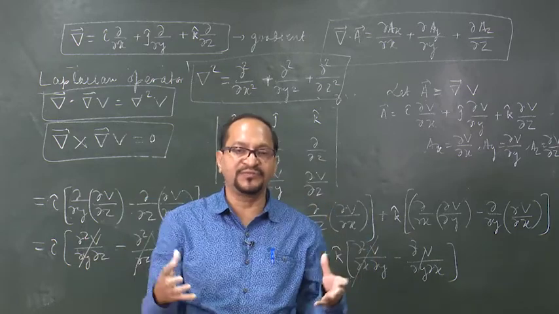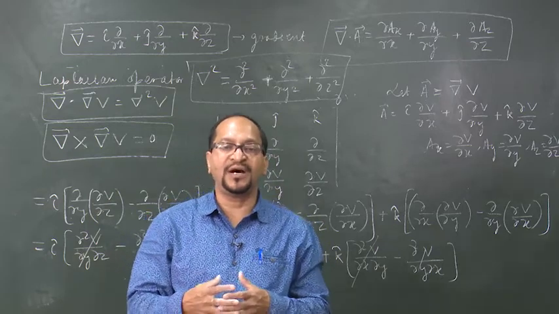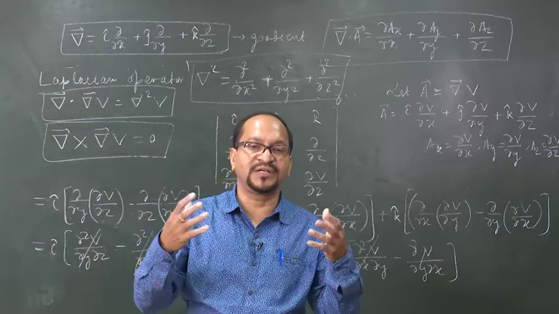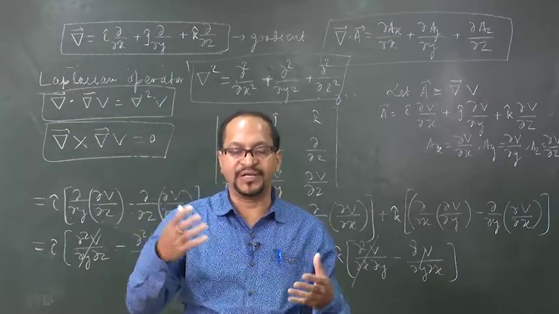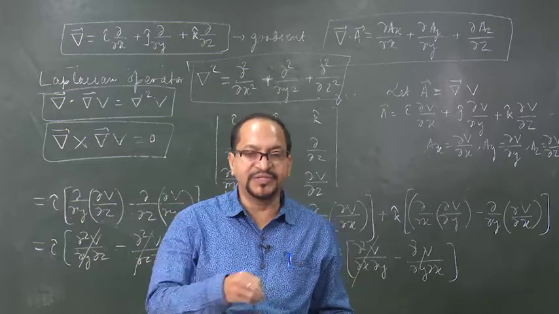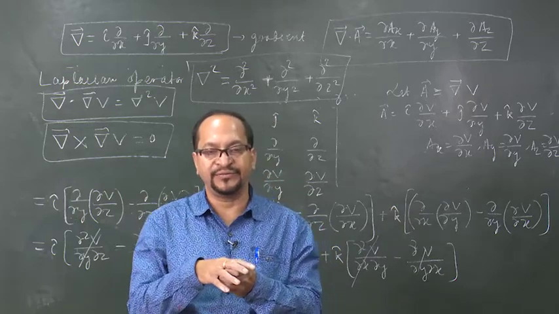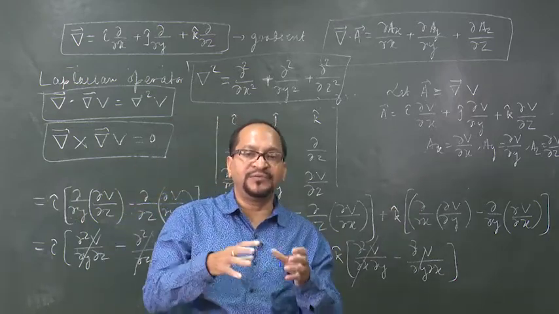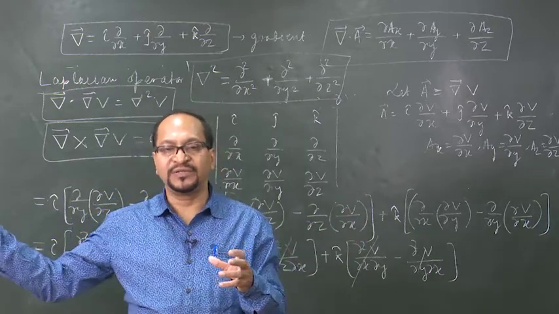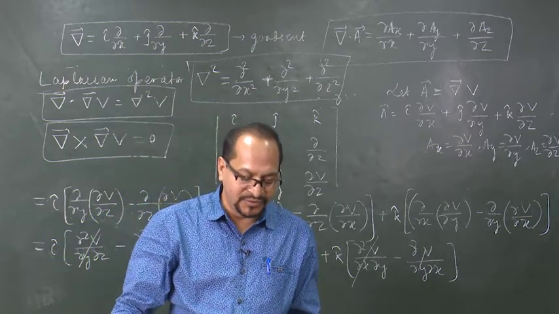The divergence of that rate of flow will give you how much volume of liquid is flowing out, or how much flux of the velocity of liquid is coming out per unit volume. If it is a source, this divergence is positive. If it is a sink, this divergence is negative. And if the net amount entering the volume is equal to the net amount coming out of the volume, then the divergence is 0.